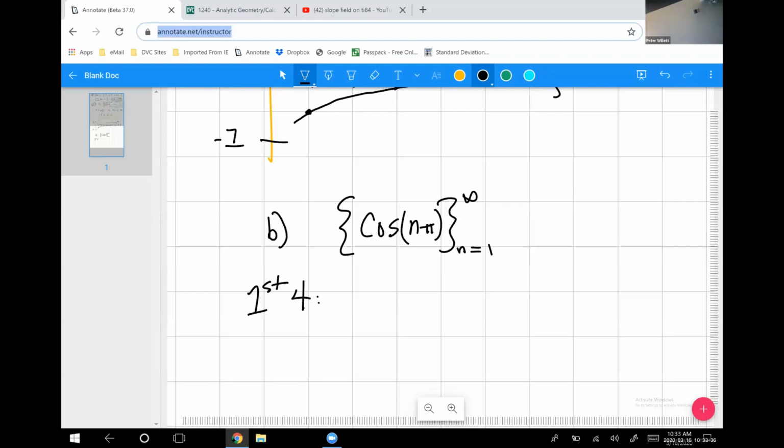If n is a 1, then I have cosine of pi. So what is cosine of pi? -1. Yeah. Then when n is a 2, we have cosine of 2 pi, which is back to a 1, right? Then we have cosine of 3 pi and cosine of 4 pi.